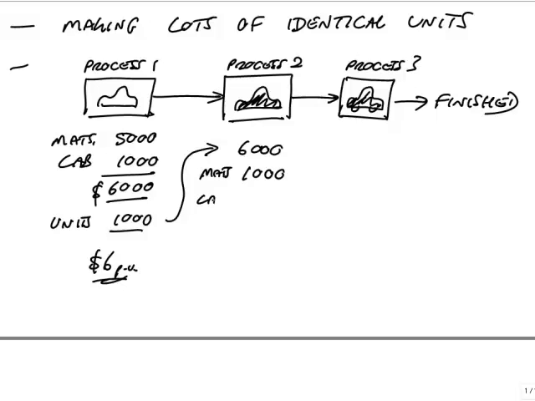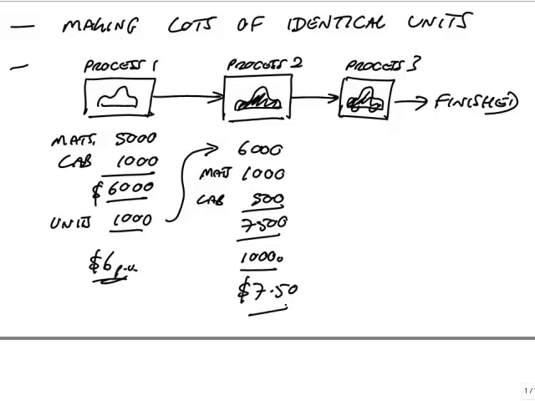Maybe we spend an extra 500 on labour. You're all following me here? And if there are still 1,000 units, how much are they now worth per unit? Divide, they're now worth $7.50.